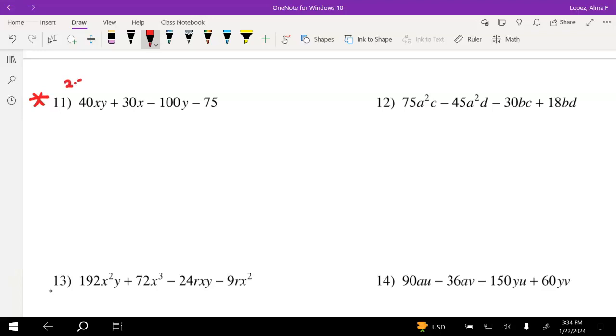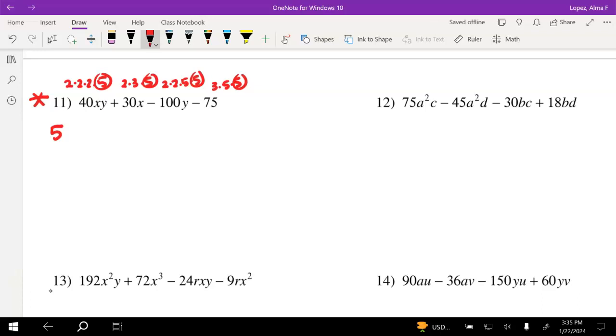Now 40 factors into 2 times 2 times 2 times 5. 30 is 2 times 3 times 5. 100 is 2 times 2 times 5 times 5. And 75 is 3 times 5 times 5. Once you have all the prime factorizations built, you notice that they all have 1 5 in common. So it actually had a greatest common factor.